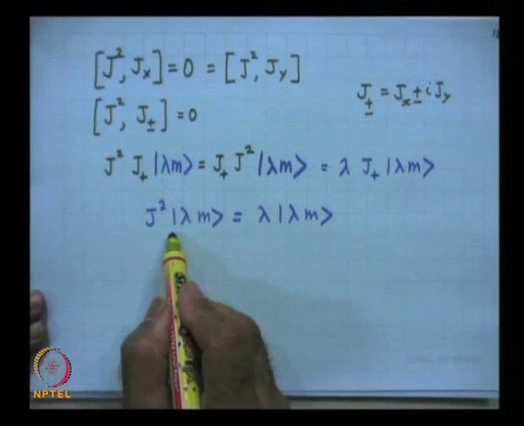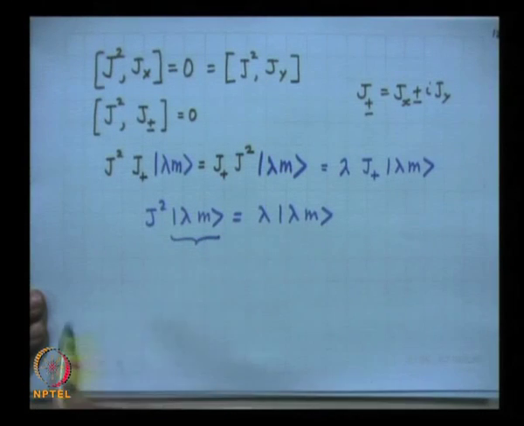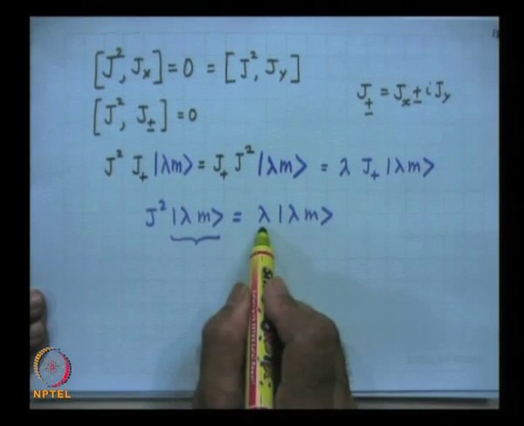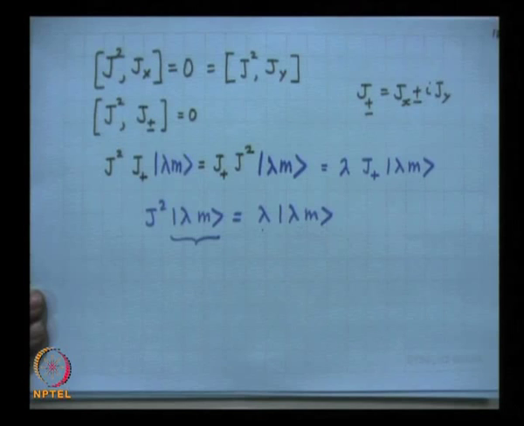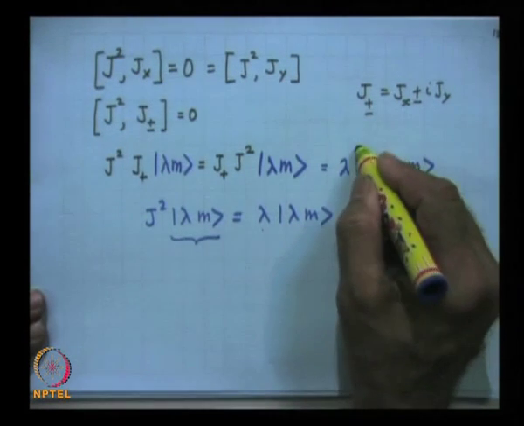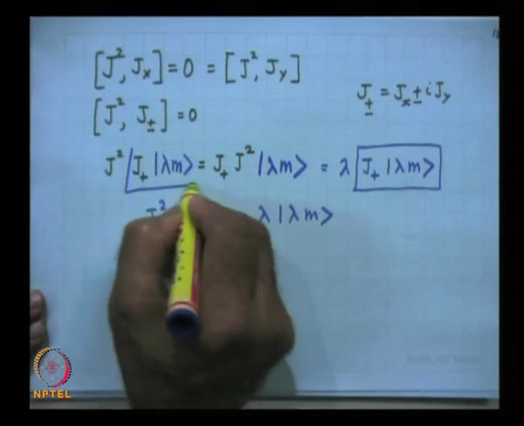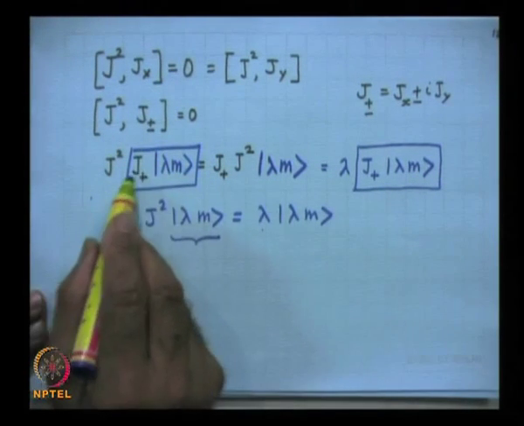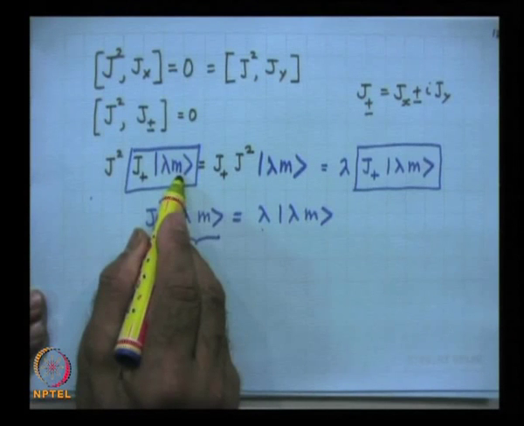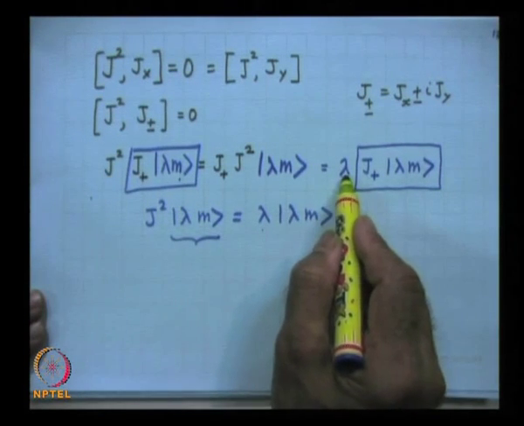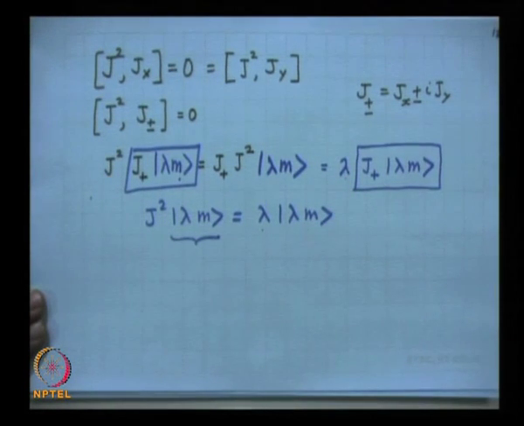Thus, if ket lambda m is an eigenket of the operator j square belonging to the eigenvalue lambda, then j plus ket lambda m is also an eigenket of the operator j square belonging to the same eigenvalue lambda.